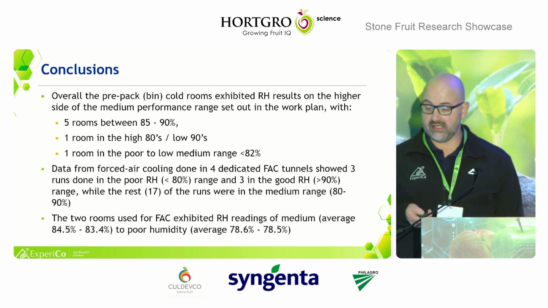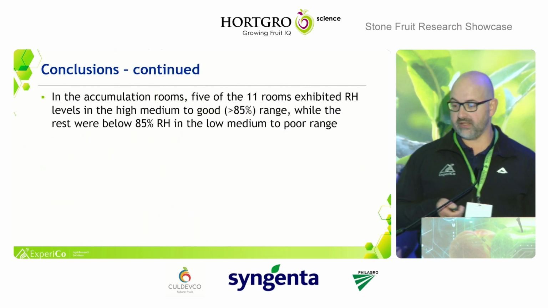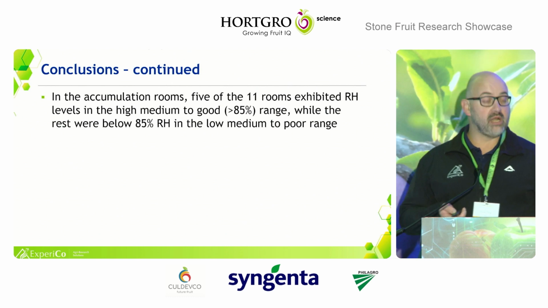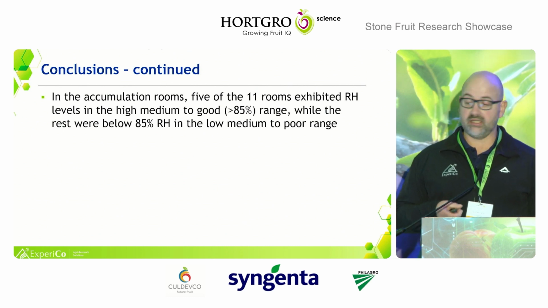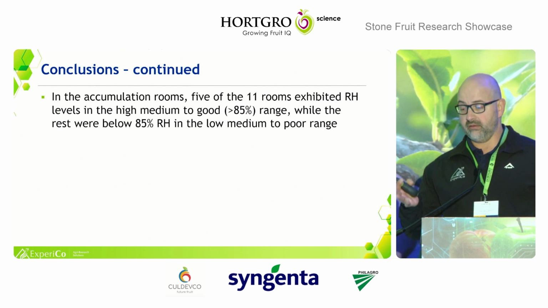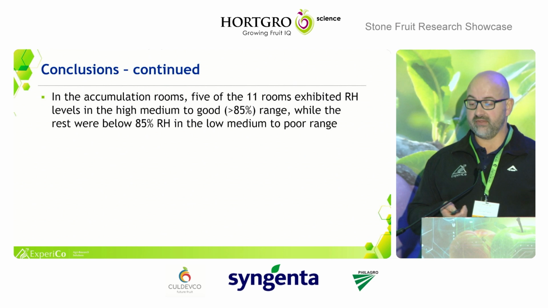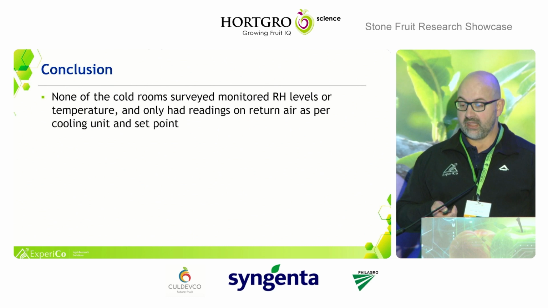And they will definitely have moisture loss and a high vapor pressure deficit. So in conclusion, in all the accumulation rooms, 5 of the 11 rooms exhibit RH levels in the high to medium, roughly a good range above 85%, while the rest of them were below 85%, definitely in the low medium to poor range.